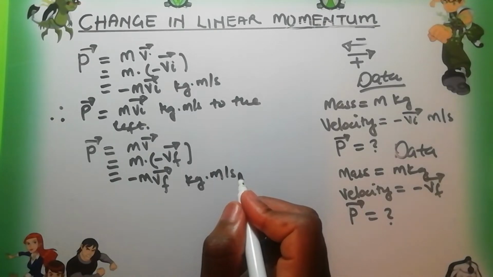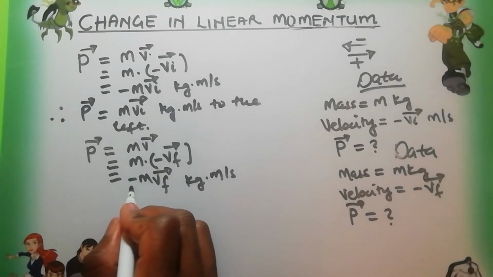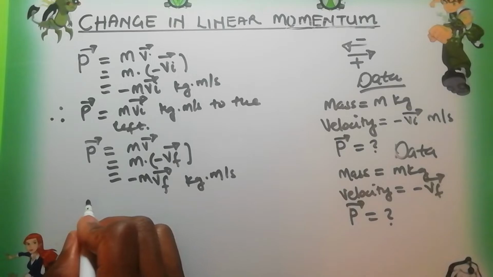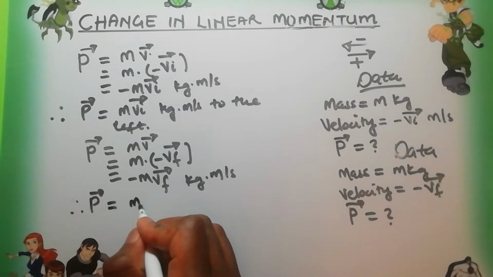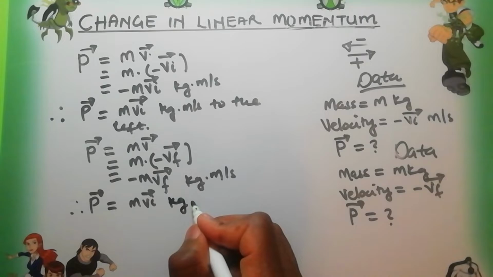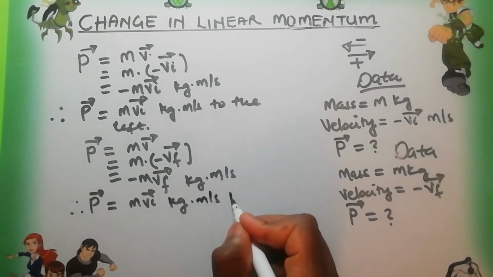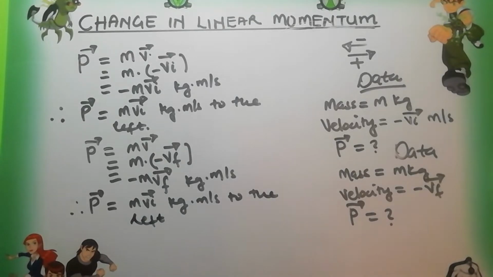So we are going to state our direction in words, because now you see that we have negative momentum. This negative indicates the direction. So the momentum of the truck equals mvf kilograms meters per second to the left. When we are stating our directions in words, we ignore the signs.